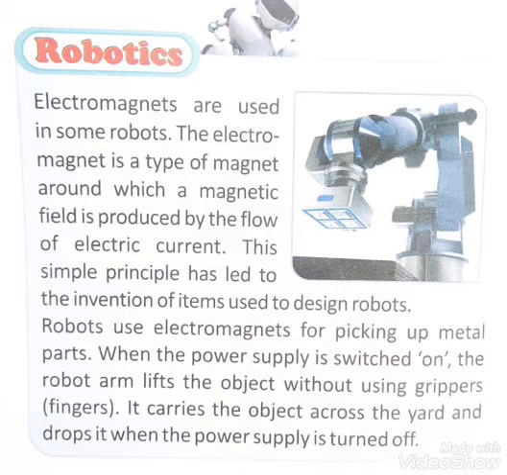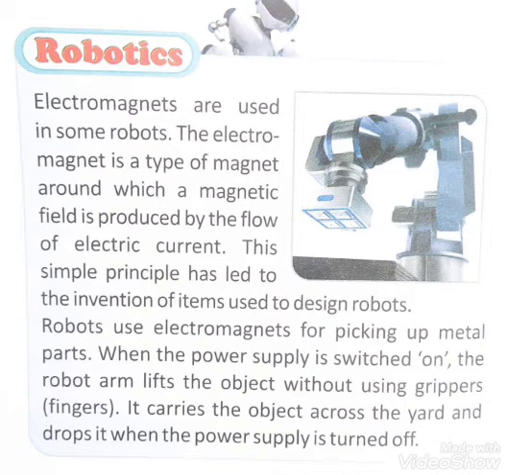In the same way, when the power supply is switched on, it means the electric current has started flowing and the circuit is complete and the equipment will work definitely. So when the power supply is switched on, the robot arm lifts the object without using grippers or fingers. It lifts the object; magnetic power is used here. So it carries the object across the yard and drops it when the power supply is turned off.